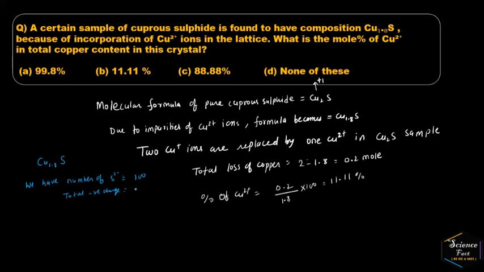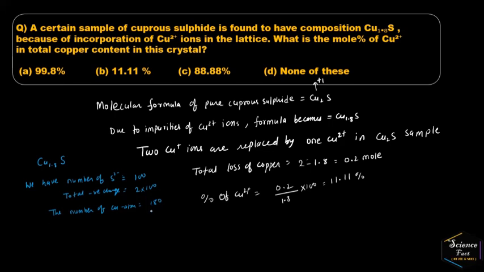Of course, on that basis, the total negative charge is 2 into 100, because one sulfur atom in this formula acquires a 2 negative charge. So the total negative charge in terms of magnitude is 2 into 100. Similarly, the number of copper atoms is equal to 180.